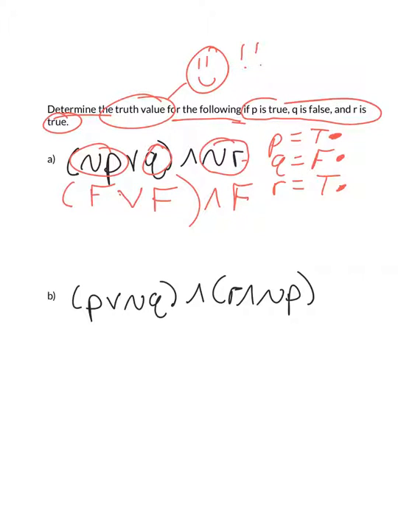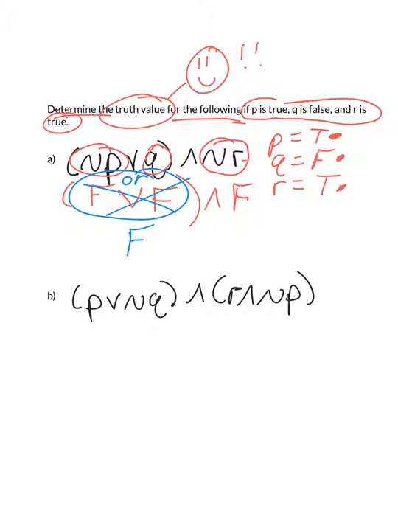Step 2, I'll do inside parentheses. Again, you have to be familiar with what happens with the 5 main symbols. So when I look inside parentheses, I have to know what happens with the or when it's surrounded by 2 F's. What happens is 2 F's make another F, make another false. I've taken care of everything in parentheses.